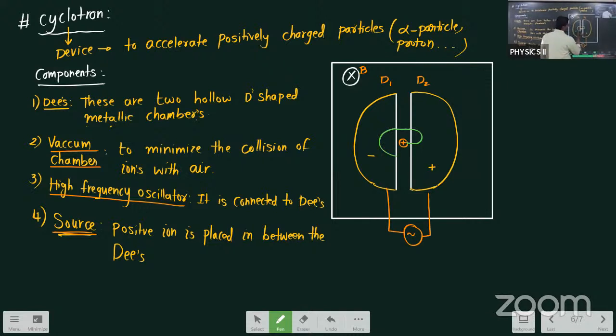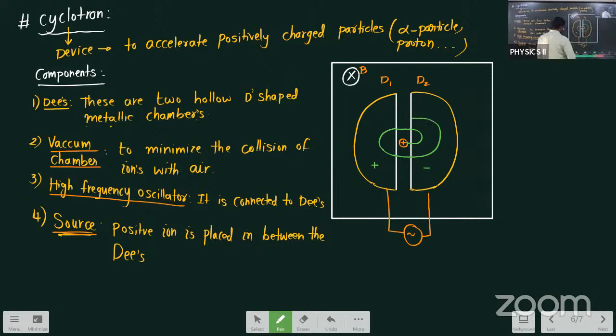Once again, this particle reaches this end. Again, what will this oscillator do? This oscillator will make this D negative and this D positive. Again, this positive ion will get accelerated towards the D2 region. Once this particle enters the D2 region, its velocity increases and its radius will also increase.